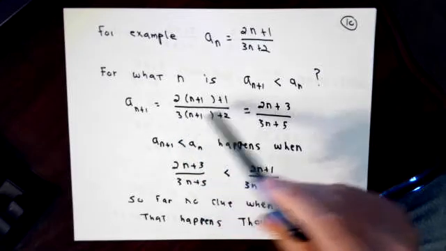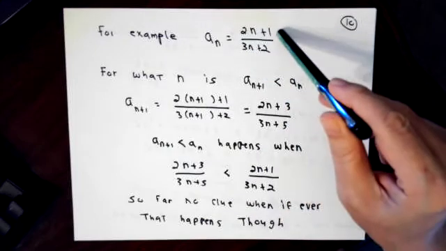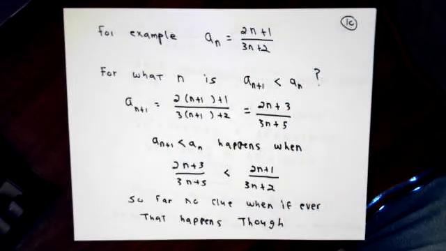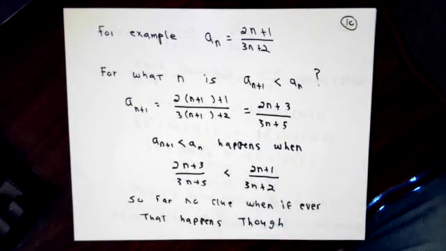So I'm going to write this exact same formula down, except wherever I did something to n in that first equation, I'll do the same thing to n plus 1 instead. And after you simplify the algebra, you find out that a sub n plus 1 is 2 times n plus 3 divided by 3 times n plus 5.